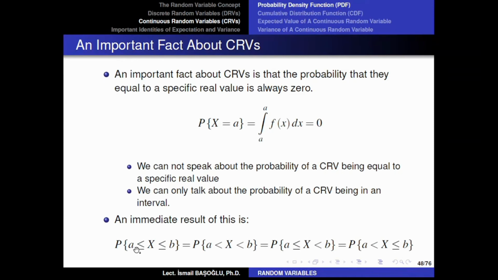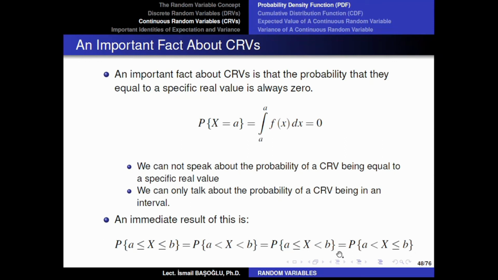Even if we have an inequality here and a strict inequality here, the probabilities are going to be the same, because both of these probabilities will be calculated by integrating the PDF between A and B. Even if A and B are included or not included, it doesn't matter, because equalities have 0 probability. Or if the probability for a continuous random variable is between A and B, where A is included and B not, or A is not included and B is included, again, you are going to get the same result.